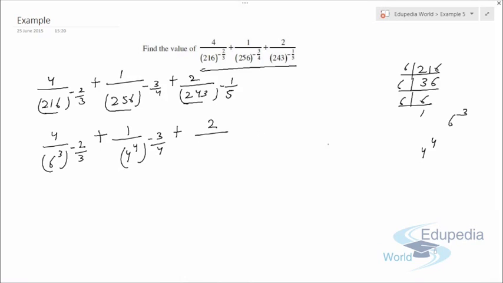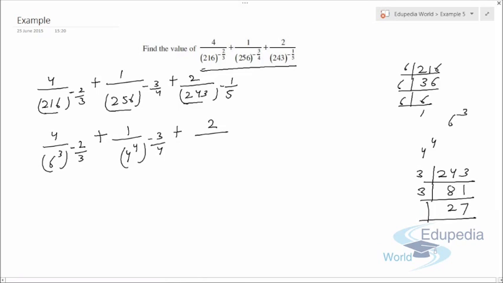upon 243. Now let's do factorization for 243. So first it will be done with 3. So 3 8s are 24, 1 carry, then 3 2s are 6, 27, then 3 9s are, then 3 3s are, then 3 1s are. So how many 3s? 1 2 3 4 5. So it can be written as (3 raised to power 5) raised to power minus 1 by 5.